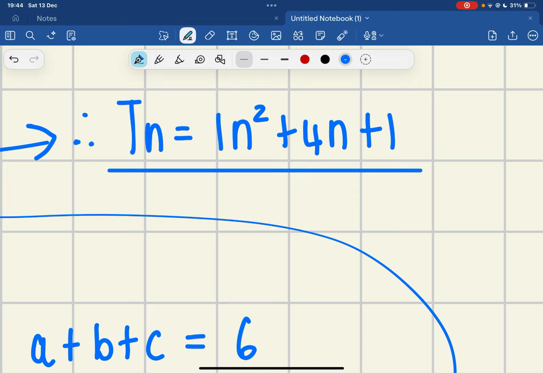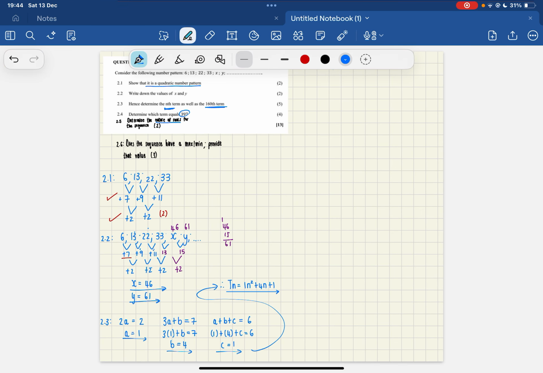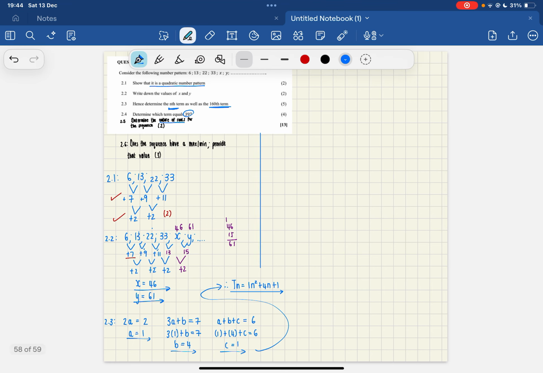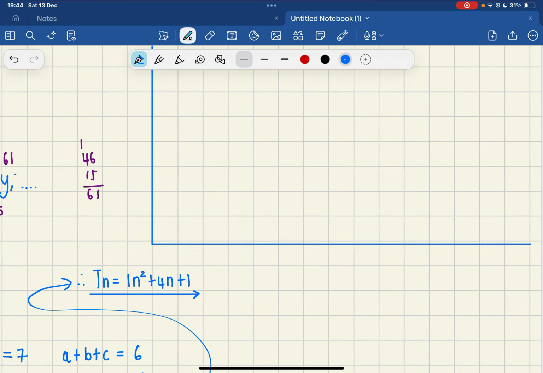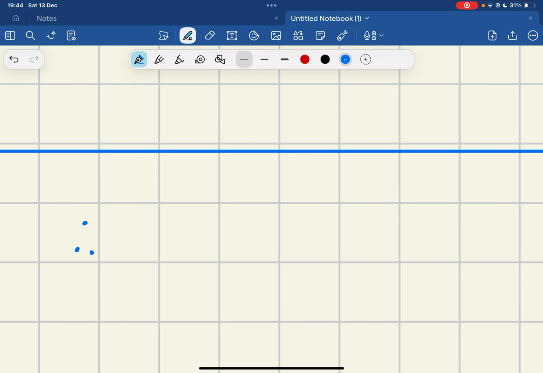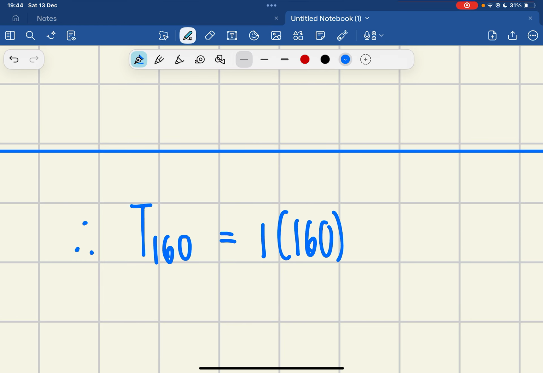That's our general term. But are we done? No, we're not, because as stipulated in the question, we still have to find the 160th term. So T160 is equal to 1 times 160 squared plus 4 times 160 plus 1.